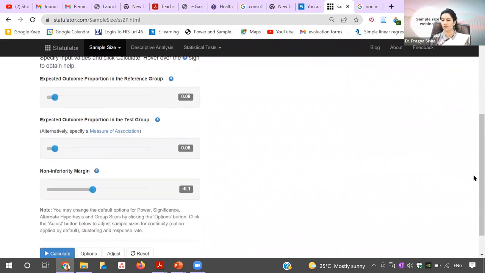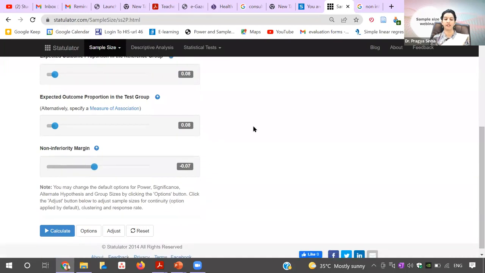Now what is the non-inferiority margin? The non-inferiority margin in this case was 7%, so it will be 0.07.